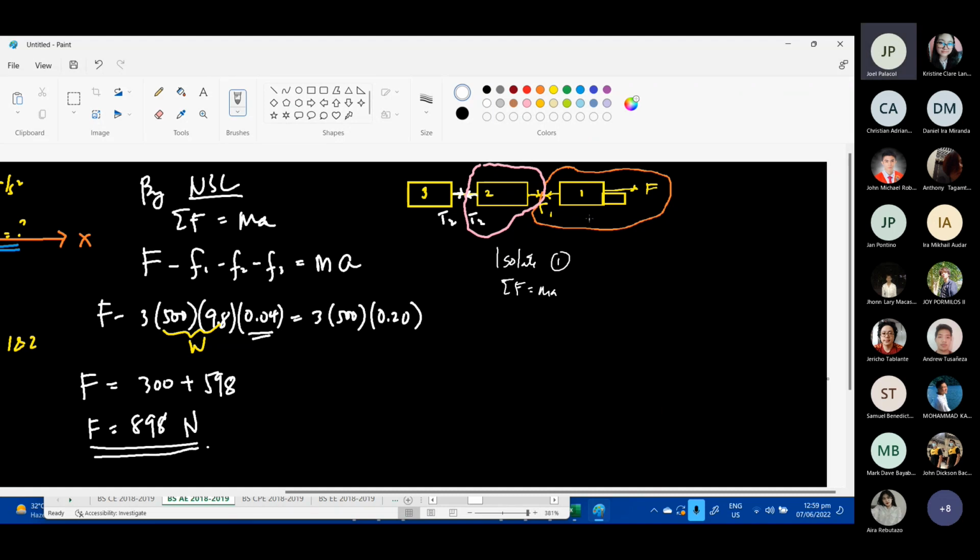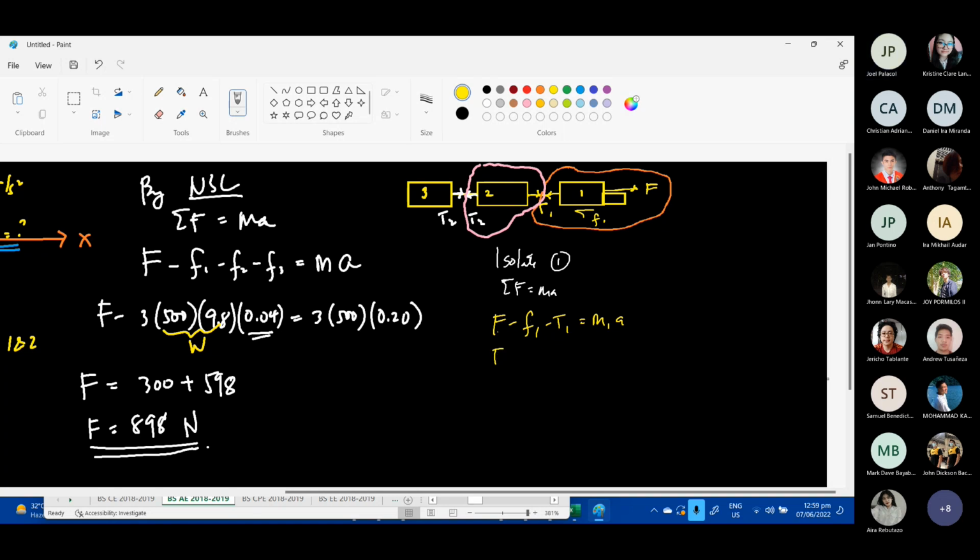Okay. So going back to 1, there is a drag, the drag F1 there. Applying Newton's second law to car 1, we have F minus F1 minus T1 equal to M1A. We missed this part, F1.